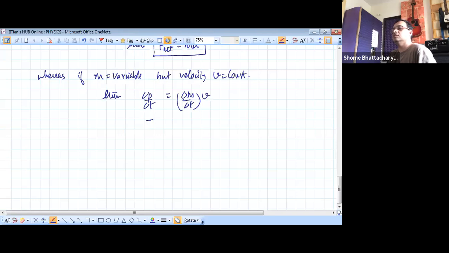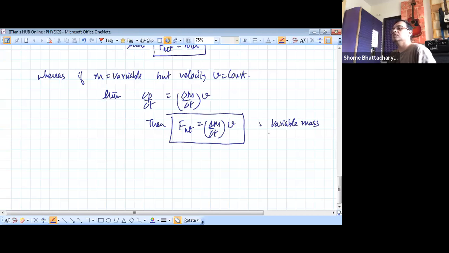In that case, this net force becomes delta M by delta T, that is rate of change of mass with respect to time into velocity. Okay, but this is for that special case when you have a variable mass system moving at constant velocity.